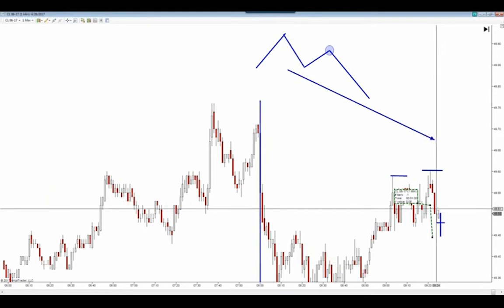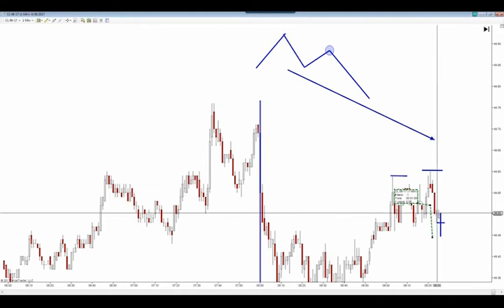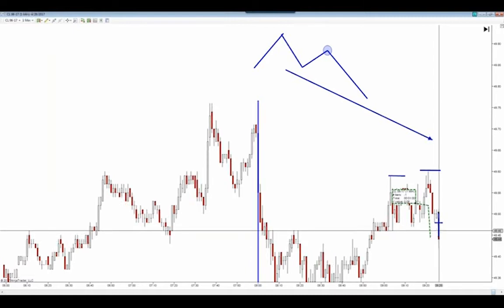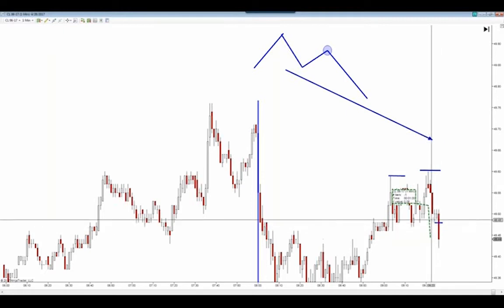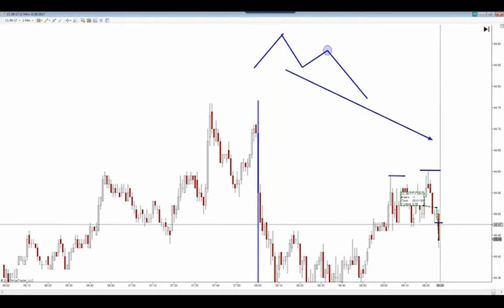If you're not familiar with reading the candle bars, a red candle is formed basically from the open of the candle being higher than the close of the candle, all right? So we're looking for another red candle to form here, and sure enough, that red candle formed, all right? So I'm going to be looking at putting my stop at this point here, all right?